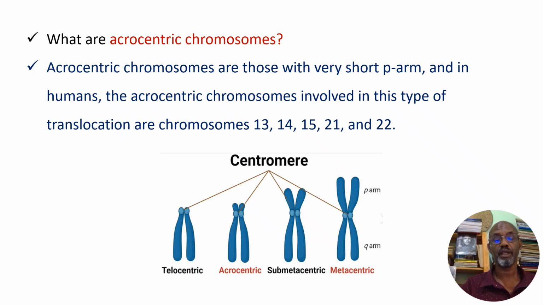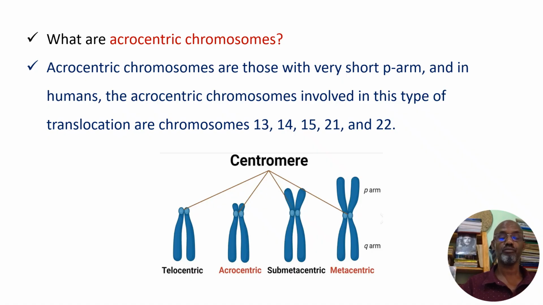You see the centromere is here, so the portions above the centromere, which are known as P arms, are very short. This one is telocentric; it has no P arm at all. And the acrocentric chromosomes will have very small P arms and very long Q arms.